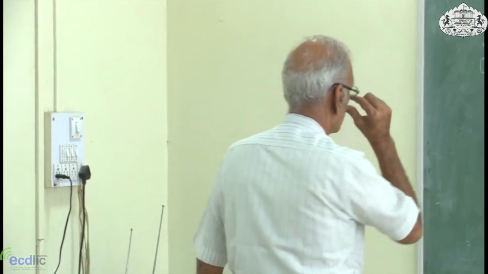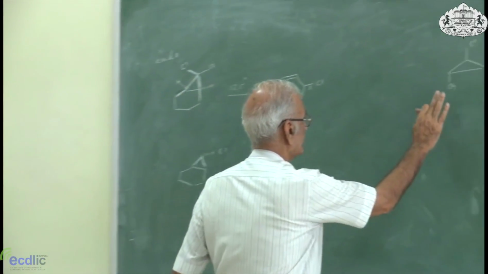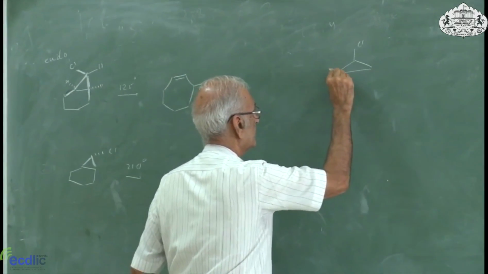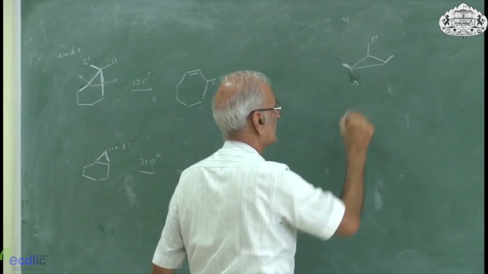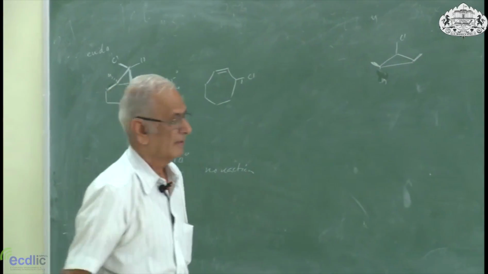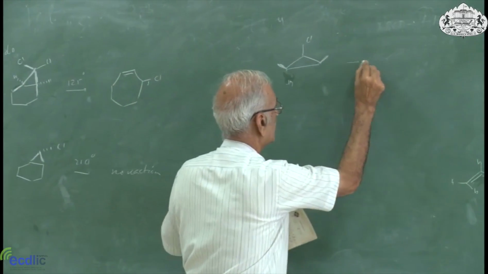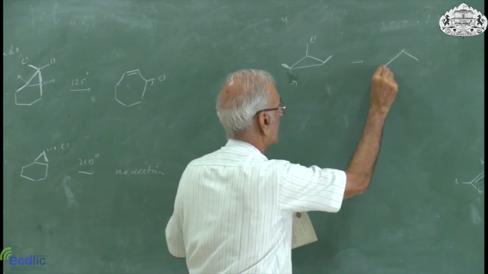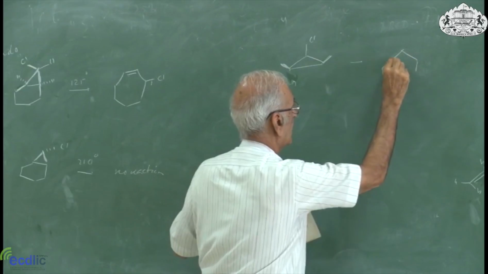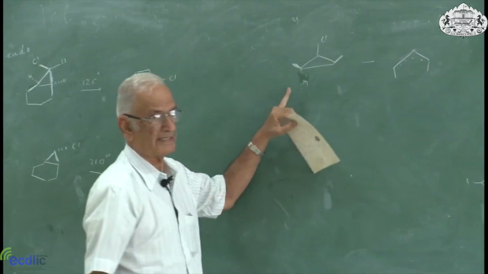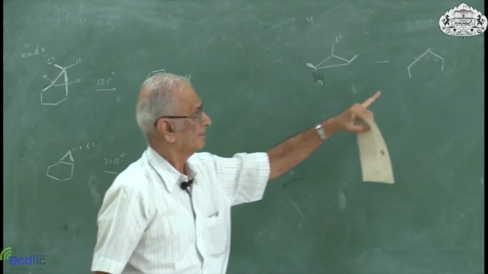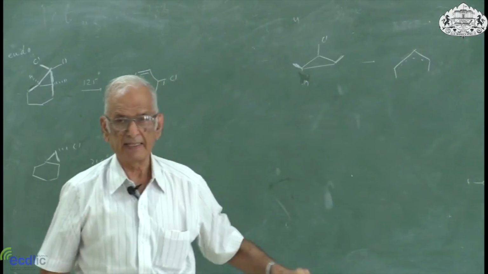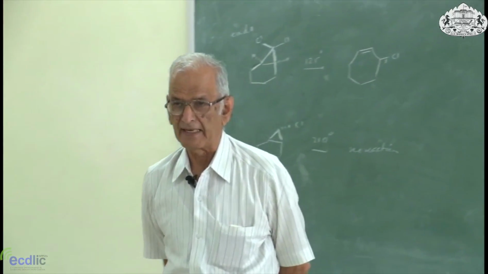So what happens when I do this? That's the intermediate. The alkyl groups are on the inside.